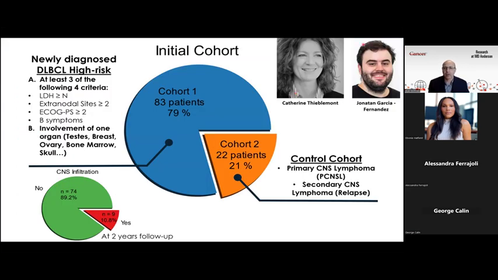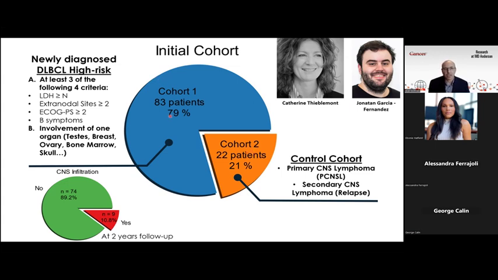Together with a group in Paris led by Catherine Chivalmont, we used a cohort of 83 patients without CNS lymphoma and 22 with CNS lymphoma at the time of diagnosis.